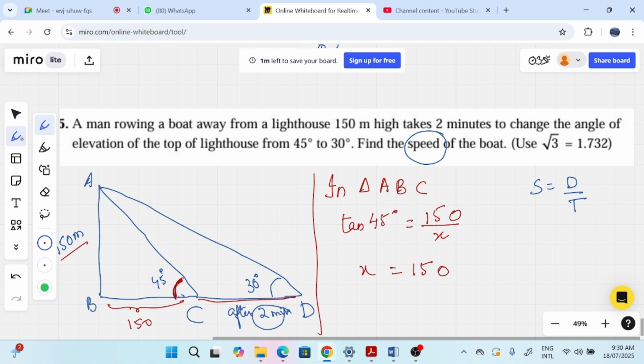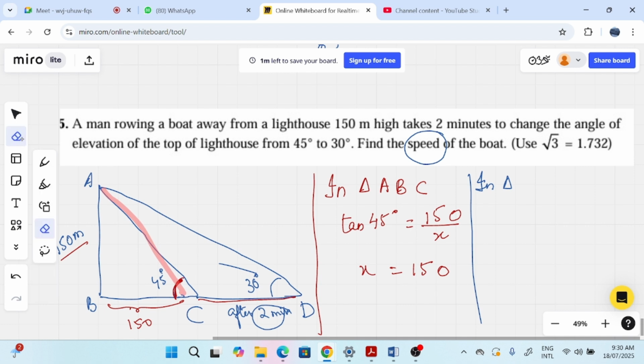Now we have to look which triangle. Atishay, which triangle? Which triangle should I concentrate next on? ACD. ACD? No, never. You will never take a triangle like this. In trigonometry, don't you think one angle has to be 90 degree?